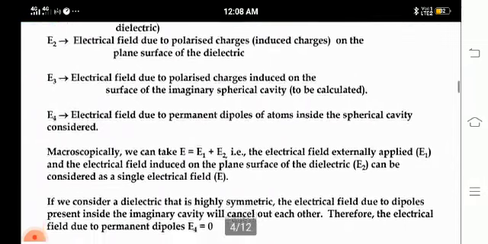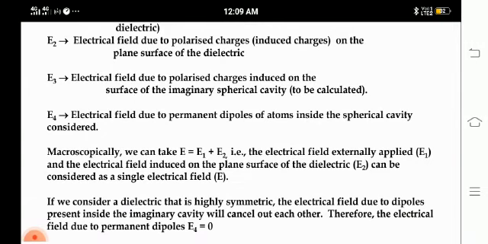We can take E equal to E1 plus E2, because the electrical field externally applied and the electrical field induced on the plane surface of the dielectric can be considered as a single field, that is E. We can consider a dielectric that is highly symmetric.